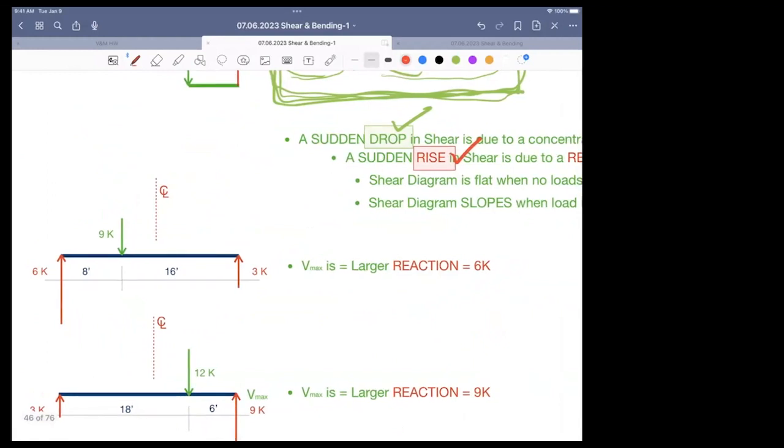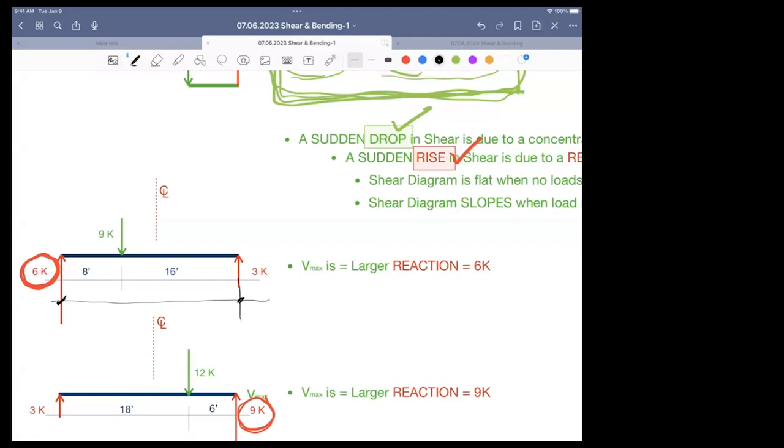If your reactions are unequal, the maximum shear clearly is the larger of the two. In this case, it's 9 versus in the previous case, it's 6 kips. Okay, I'm sorry, you may not be following very well because you don't remember how to get reactions.